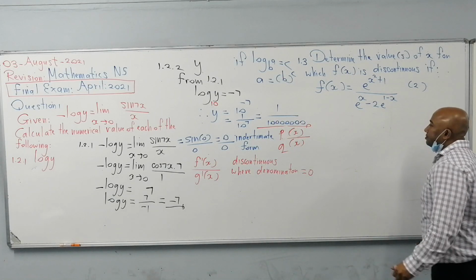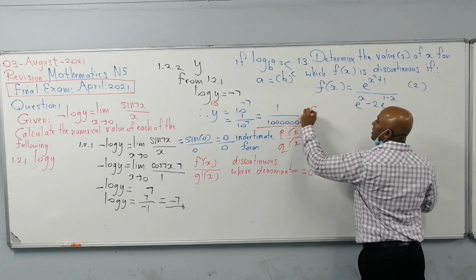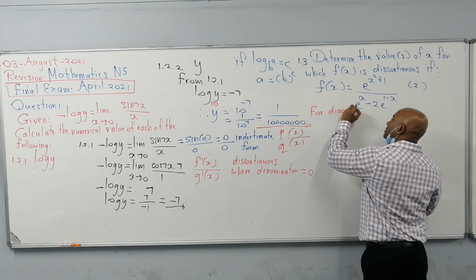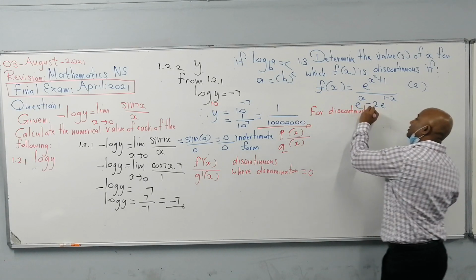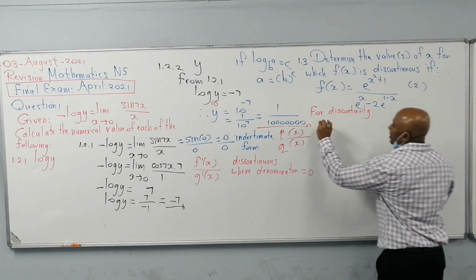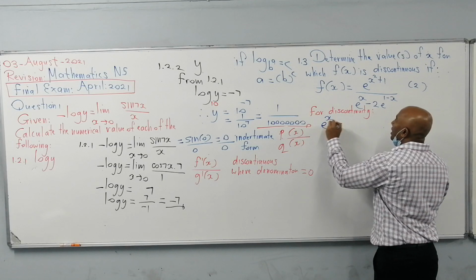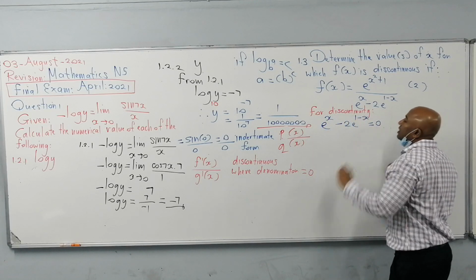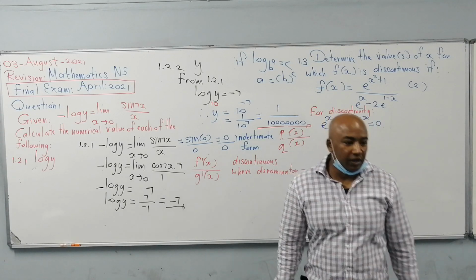So for discontinuity, e to the power x minus 2 e to the power 1 minus x is equal to 0.